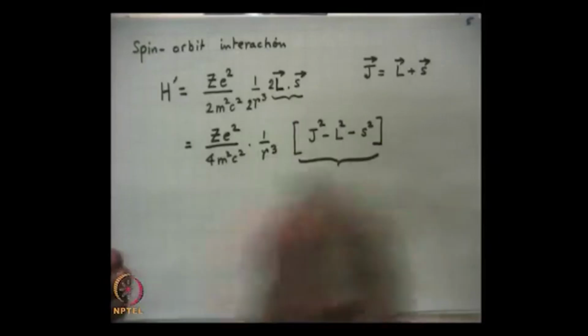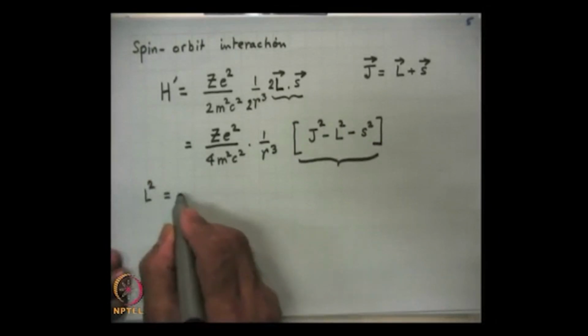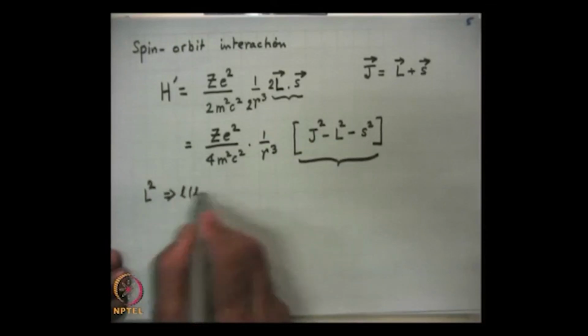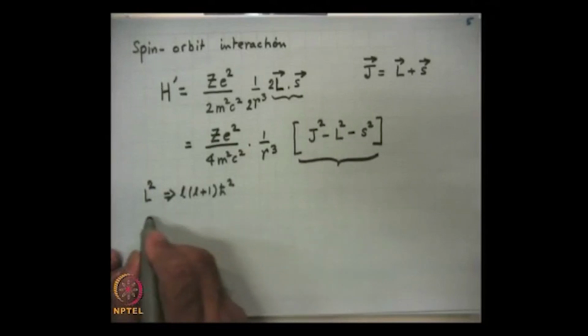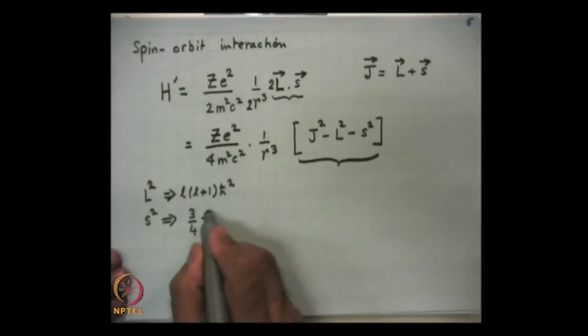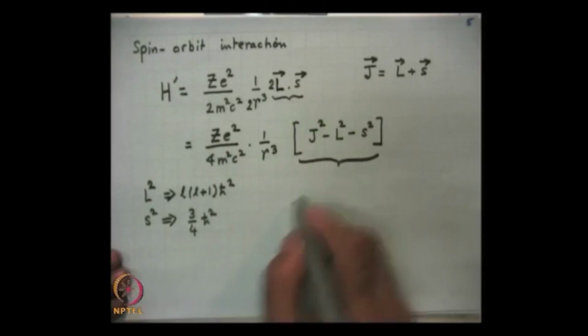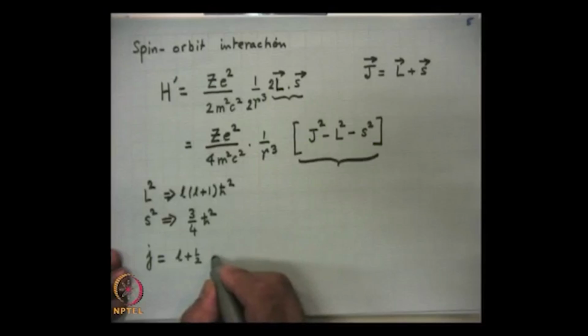The eigenvalue of L square is L into L plus 1 h cross square, and S is half, so the eigenvalue of S square is half into half plus 1, that is 3 by 4 h cross square. Therefore, the total angular momentum value J can be either L plus half or L minus half.